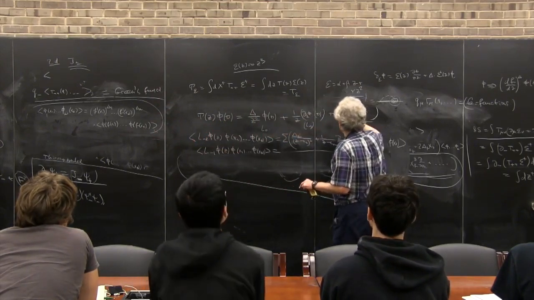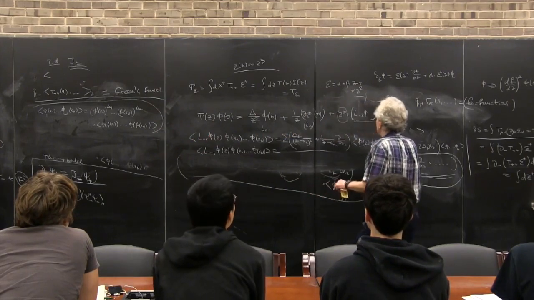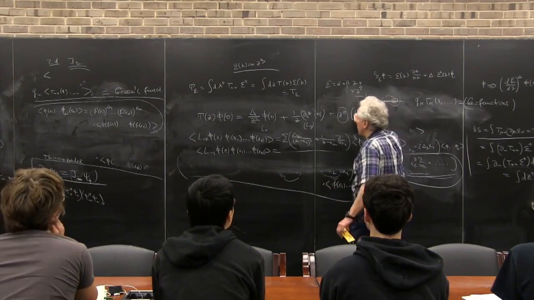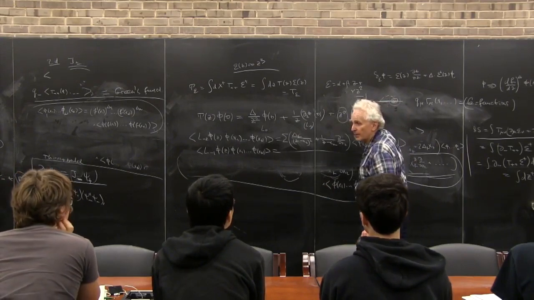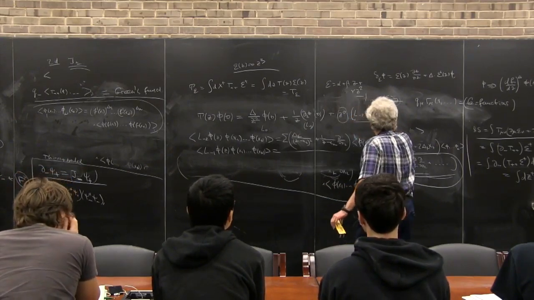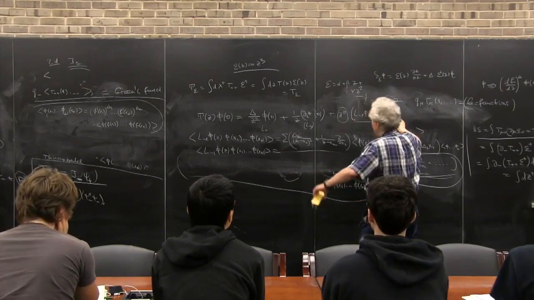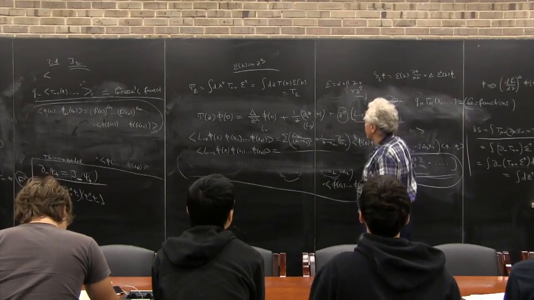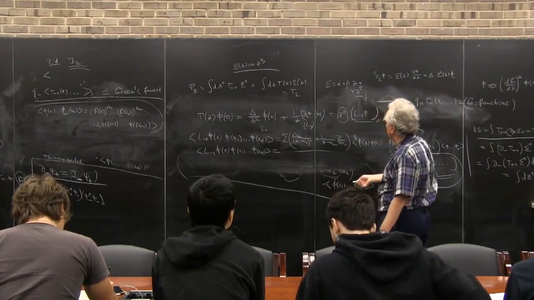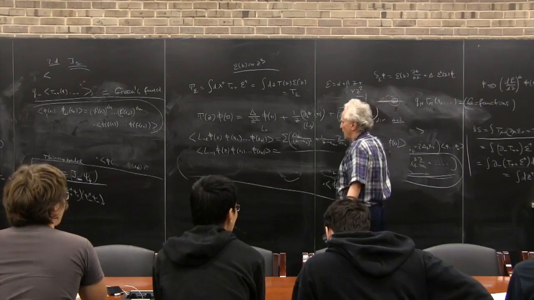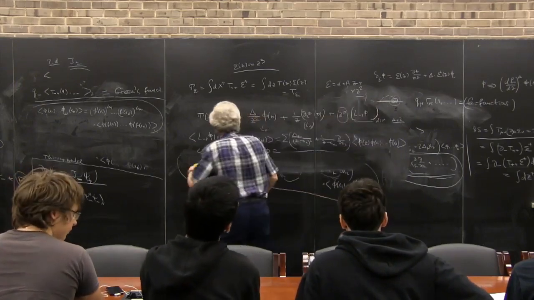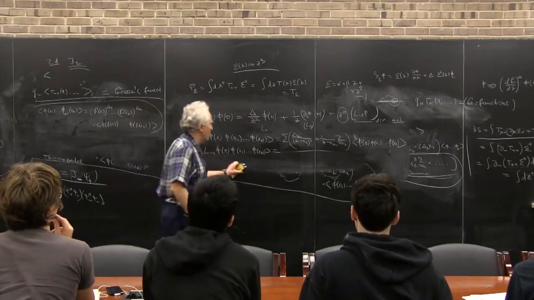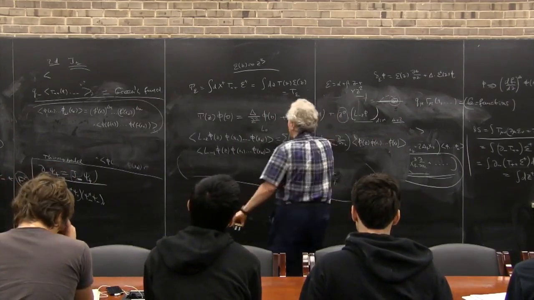This simplest operator has dimension delta plus 2. So dimension delta plus 2. And we want to find what it is. That's the definition.